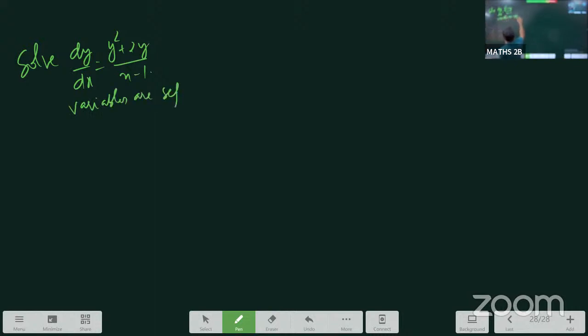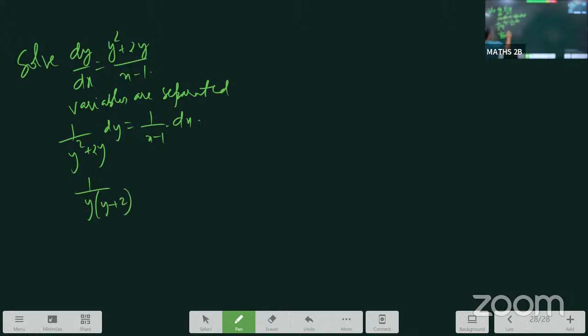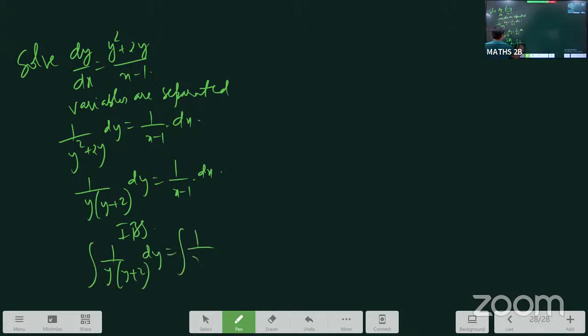That is 1 by (y² + 2y) dy equal to 1 by (x - 1) dx. Now 1 by y common, (y + 2) dy equal to 1 by (x - 1) dx. Now integrate on both sides. Integration of 1 by (x - 1) dx.